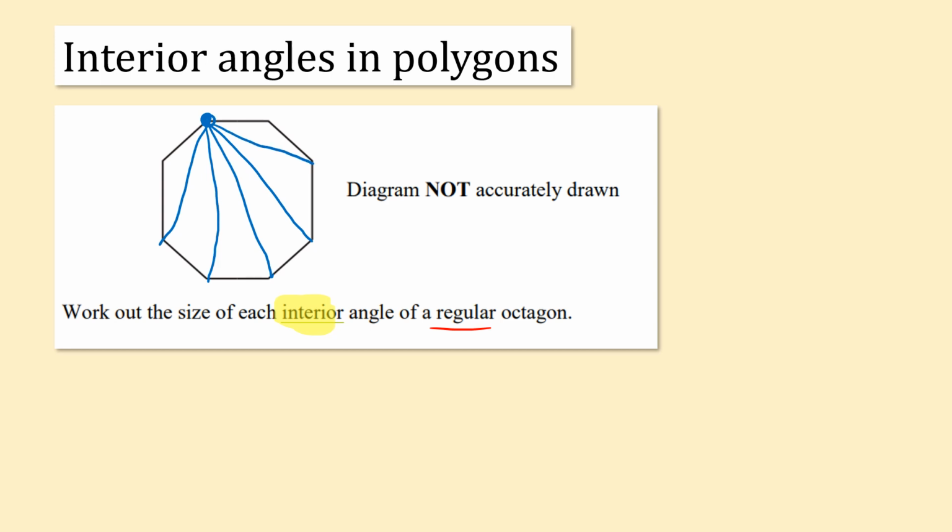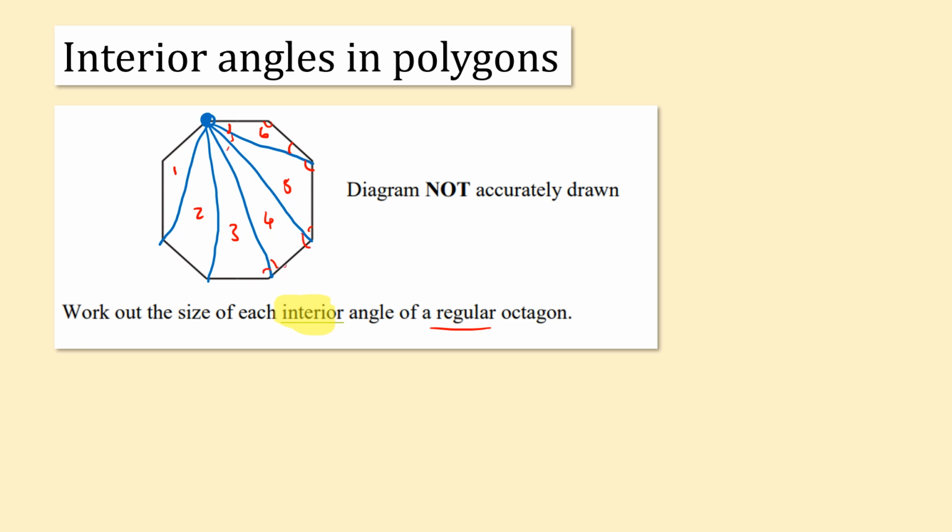So I've got triangle 1, triangle 2, triangle 3, triangle 4, triangle 5, and triangle 6. Now, each triangle contains a total of 180 degrees.